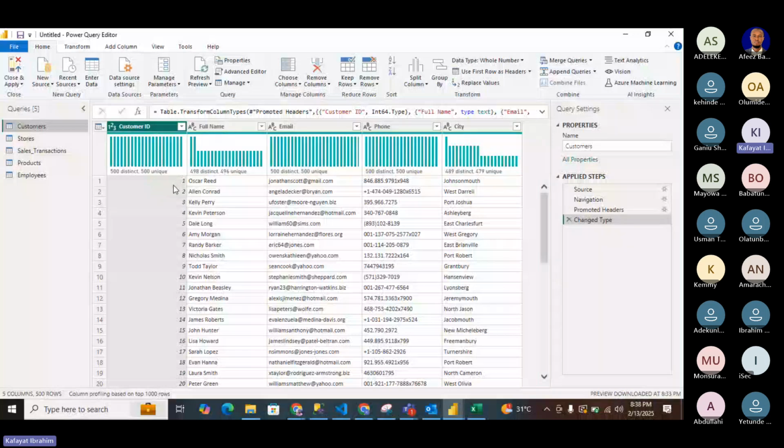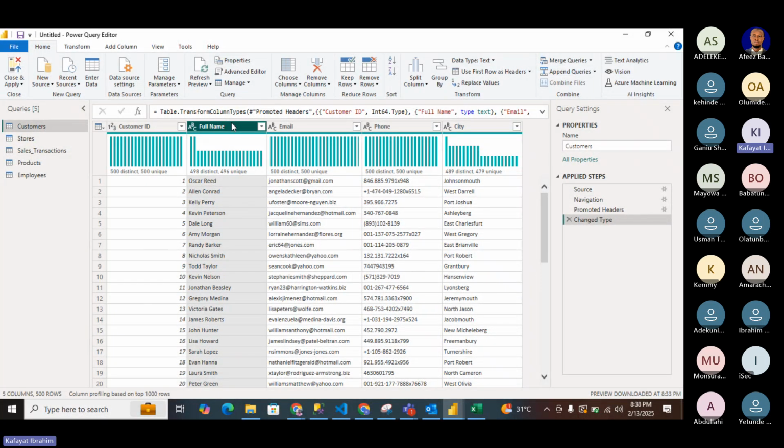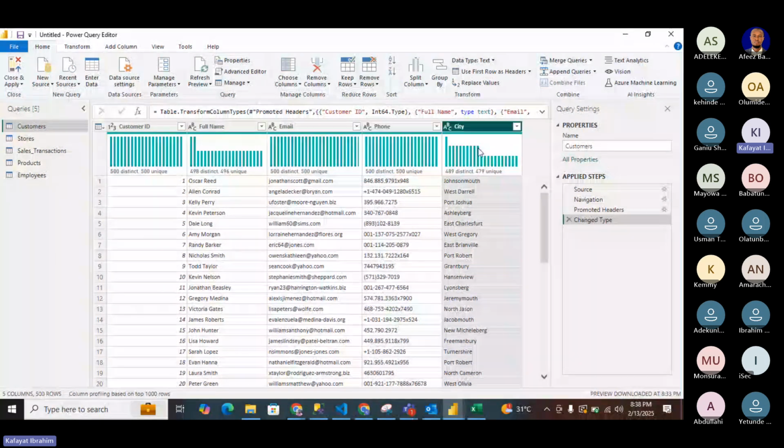Then we have the full name, and it's in text format. The same thing with email, in text format. The same with our phone number, text format. We have the city in text format. So here, we are not converting anything.